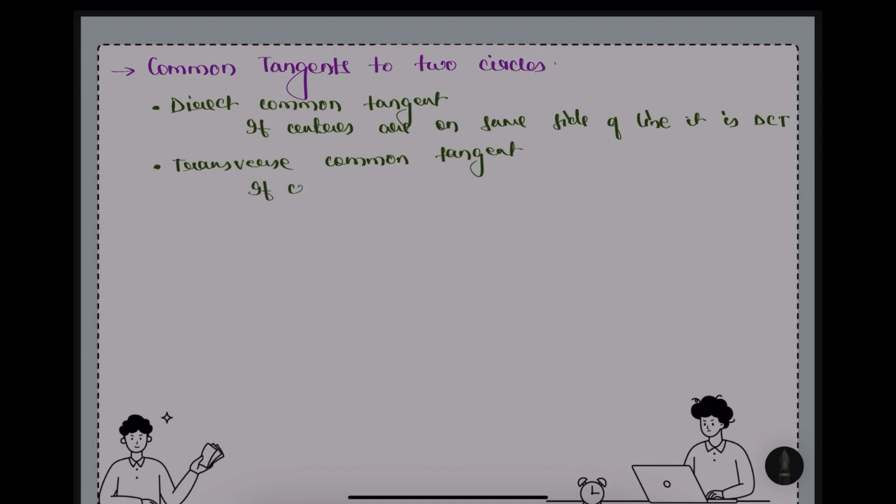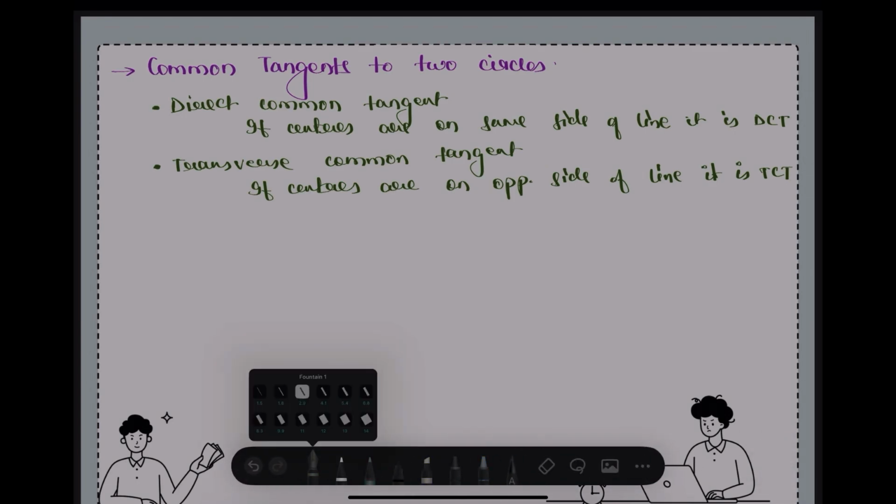If the centers are on opposite sides of the line, it is a transverse common tangent. I hope you understood the difference between direct common tangent and transverse common tangent.